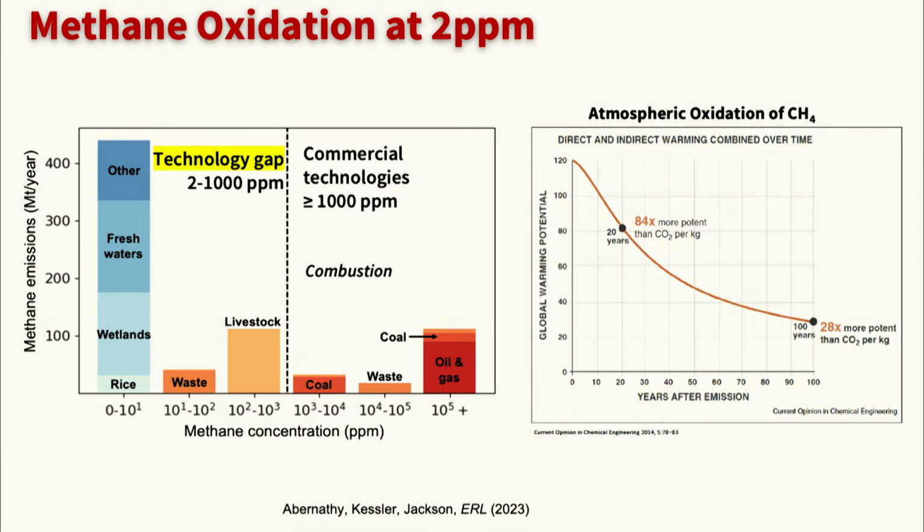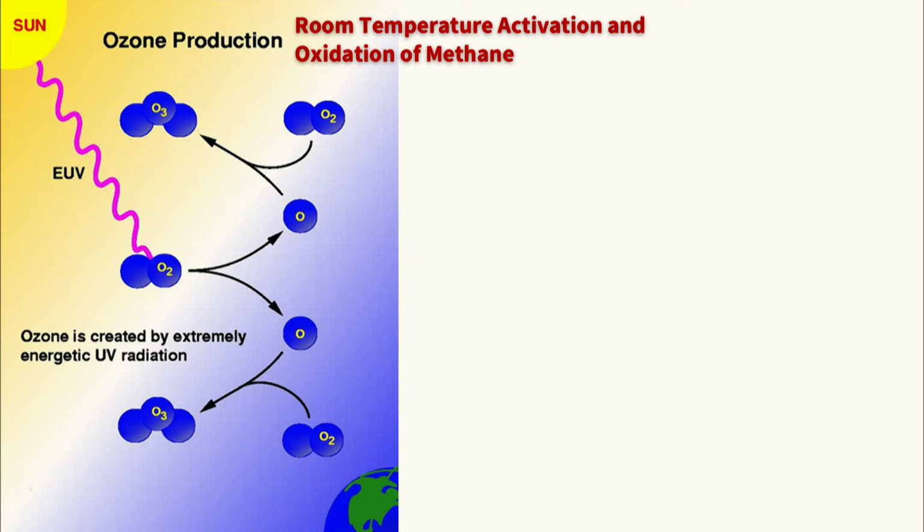Turns out the mechanism is different. It has to be different. It uses UV light, and UV light is absorbed by ozone, which, by the way, is a potent greenhouse gas. When it absorbs UV light, it breaks up into an oxygen molecule and an oxygen atom.